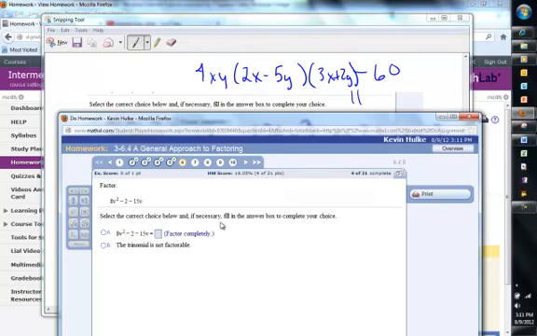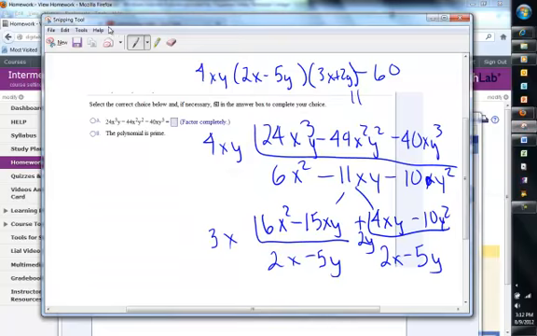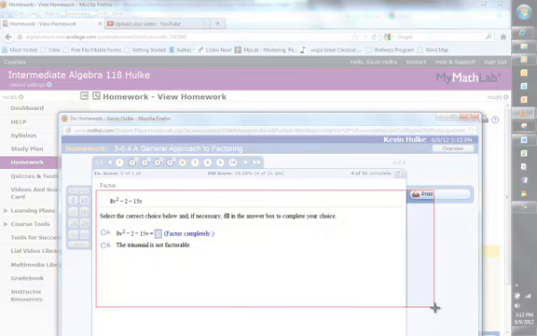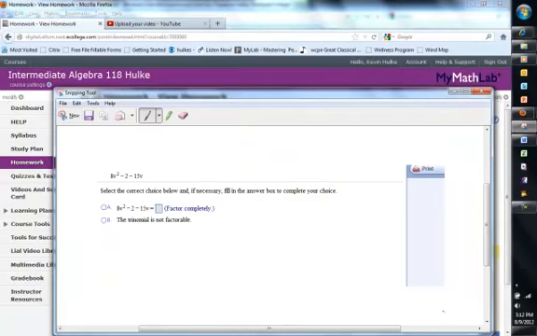Next one. The first thing that we have to do with this one is rearrange it, because everything is in the wrong order here. 8v squared minus 15v minus 2.